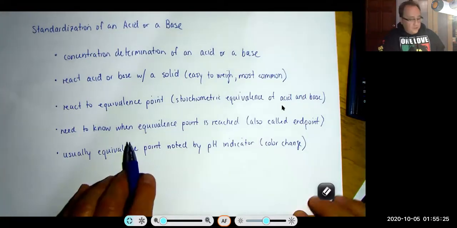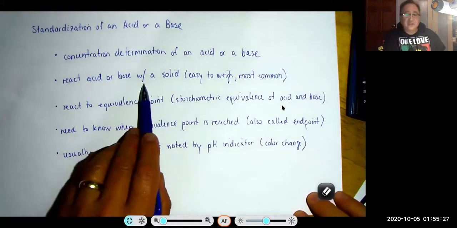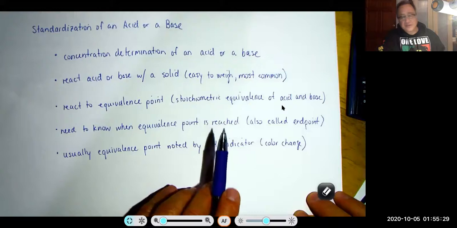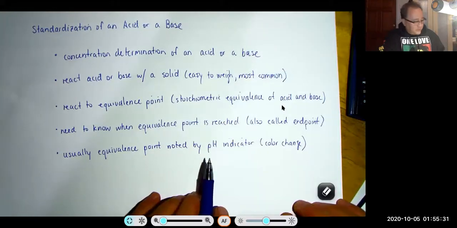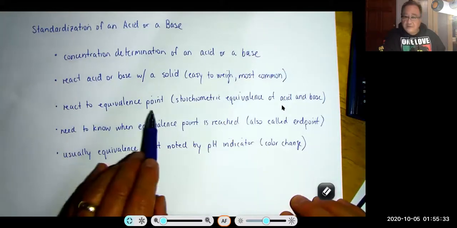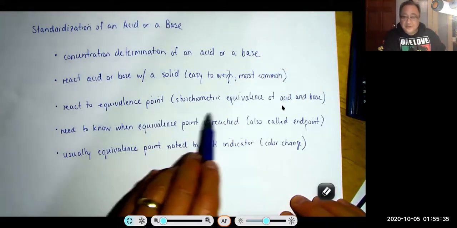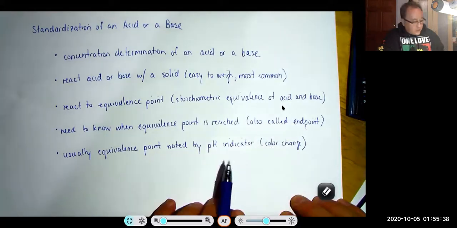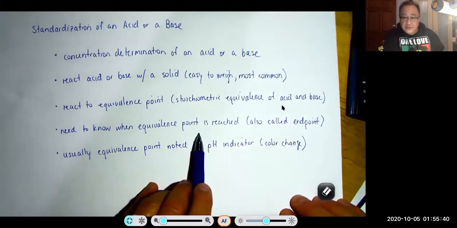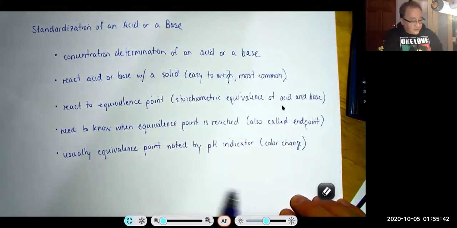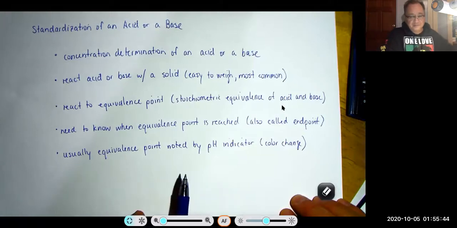You titrate it with a solid acid or a solid base. And these are easy to come by. And you react to an equivalence point, which is a stoichiometric equivalence of acid and base. You need to know when the equivalence point is reached, also called the endpoint, and usually it's noted by a pH indicator.